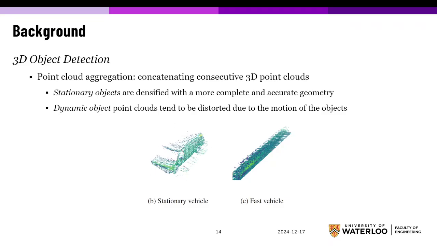Those objects are densified and they have more complete and more accurate geometry because of the aggregation process making the point cloud denser. But for dynamic objects, because we're not accounting for the motions of those objects, the point clouds of those objects will appear very distorted and will appear as a smudge. And this will cause difficulties for object detection.